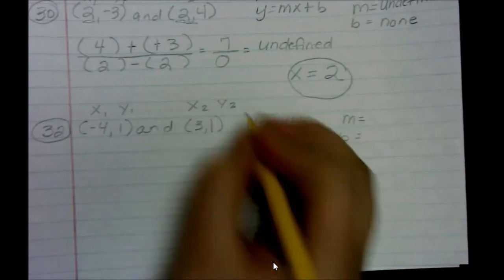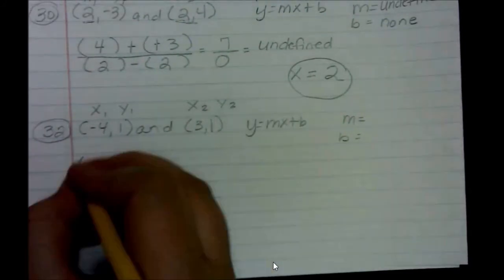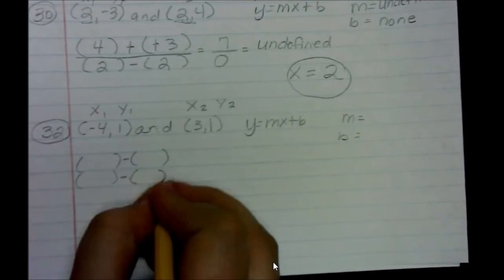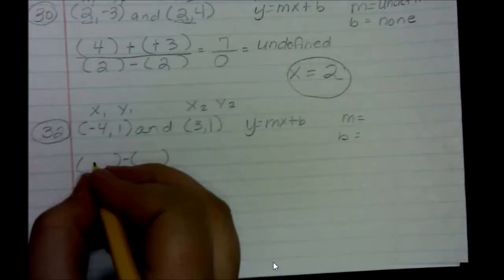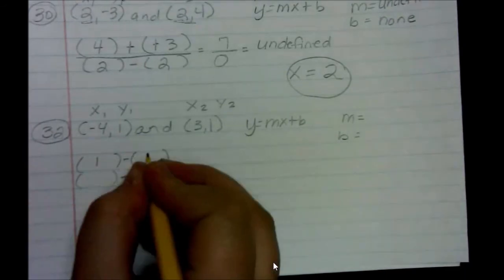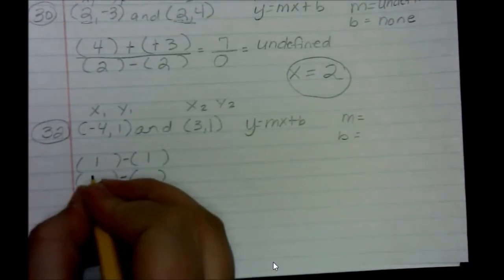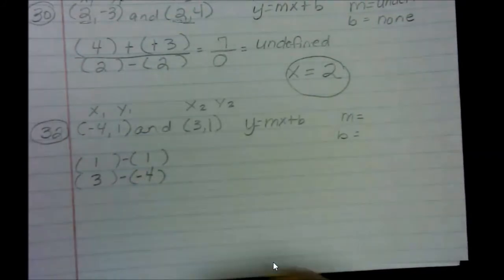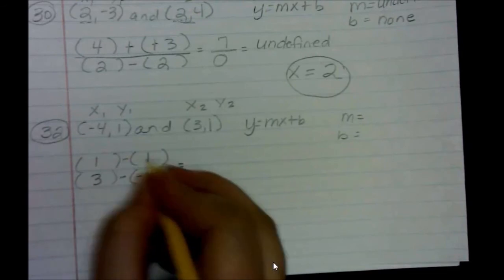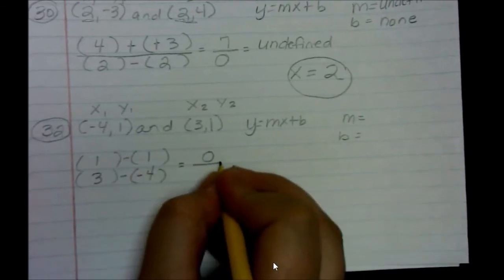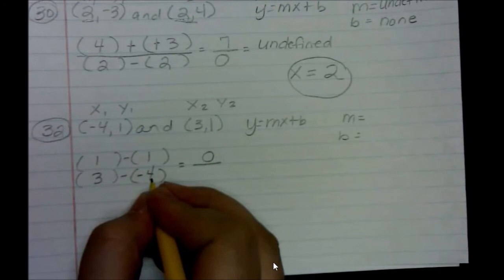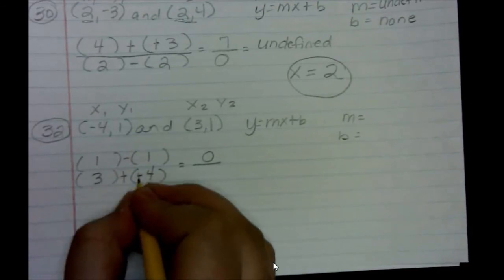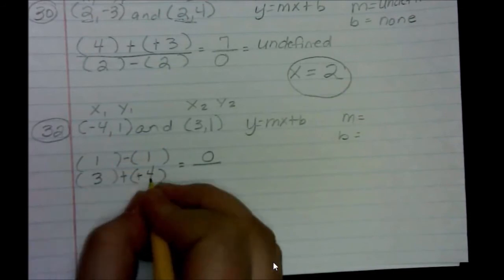And then I'm going to plug them into my parentheses in my formula. y2 was 1, y1 was 1, x2 was 3, x1 was negative 4. So 1 minus 1 is 0. 3 minus negative 4. Keep, change, opposite. So 3 plus 4 is 7.